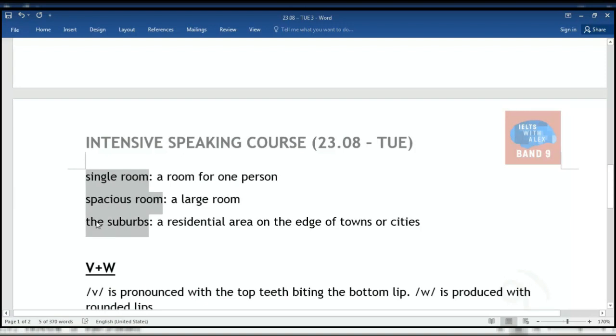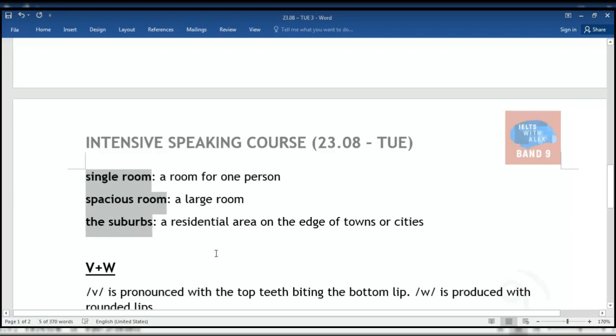Suburbs is the place at the edge of town. The difference between urban and suburban: urban is where all of the big buildings are, like the big skyscrapers, for example the Empire State Building. In Tashkent, this would be, for example, near Mustaqilik Maidoni. That's the urban area.